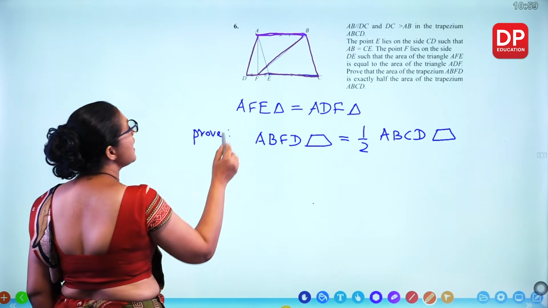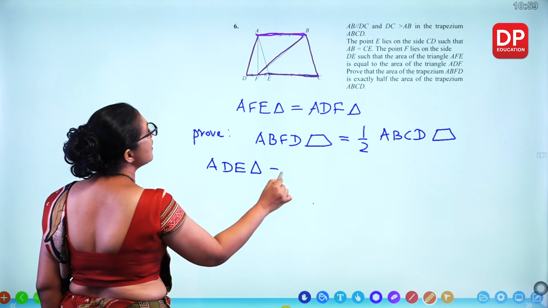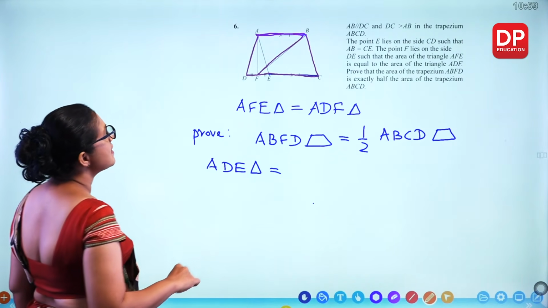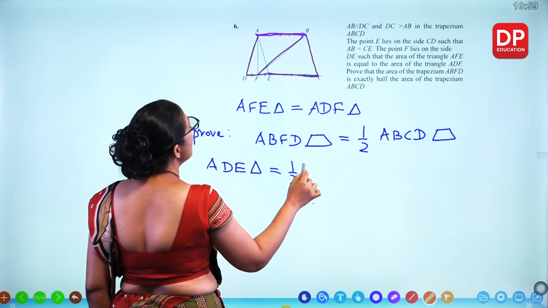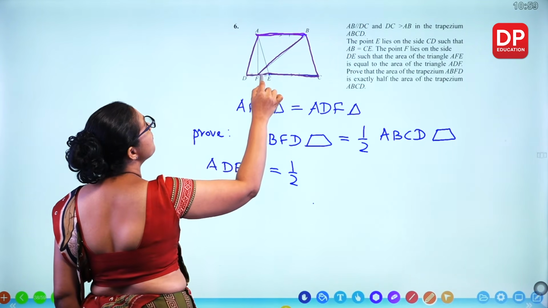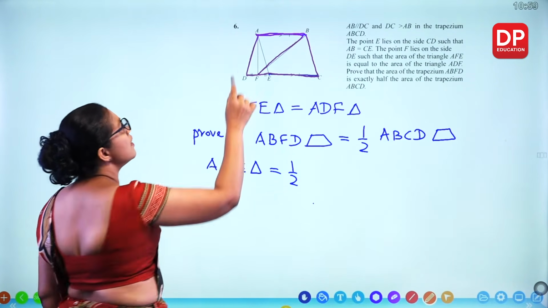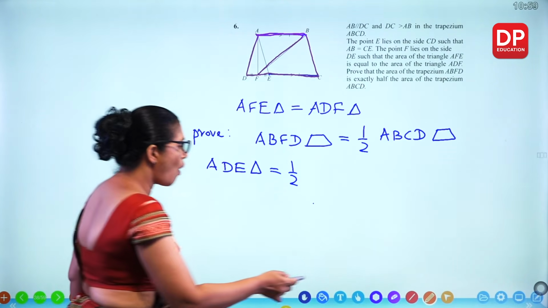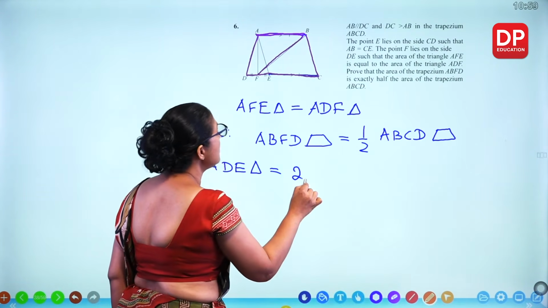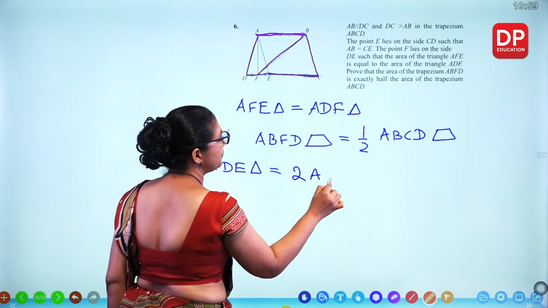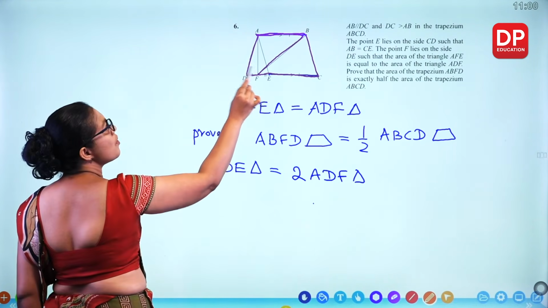So if you take ADE triangle, what can you say about this one? ADE triangle is double of ADF, or we can say other way around. I can write this is double of ADF because these two are equal.